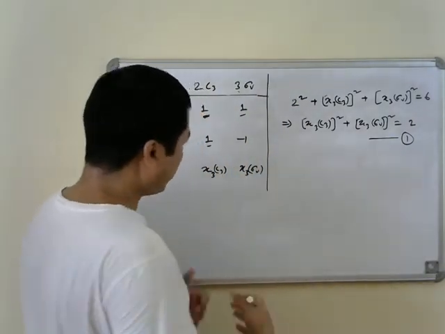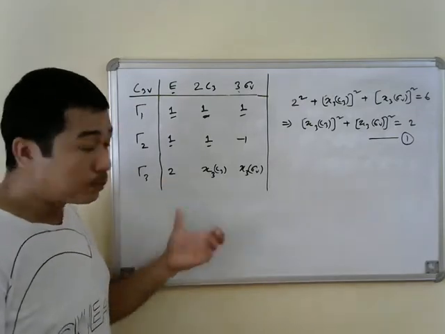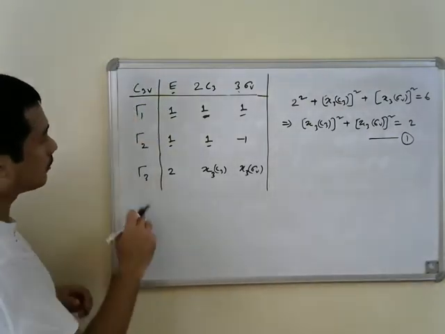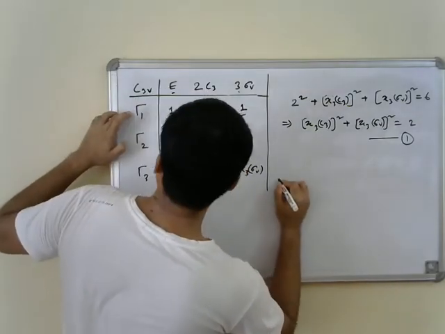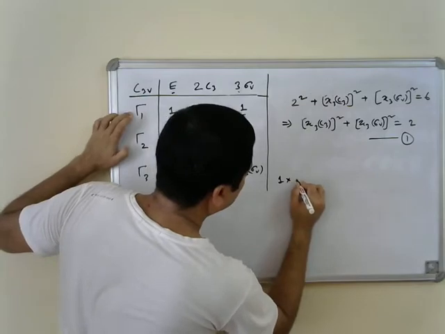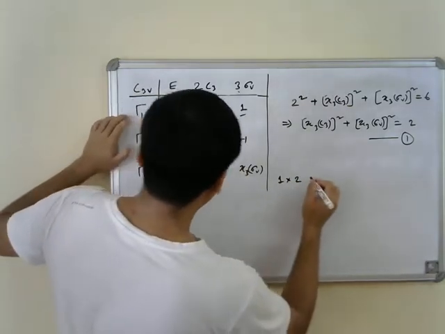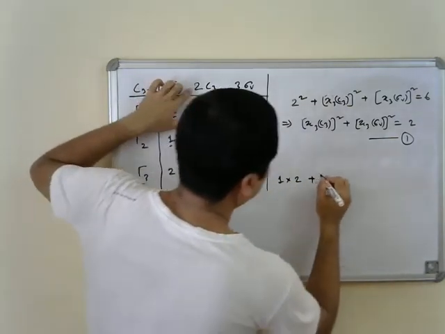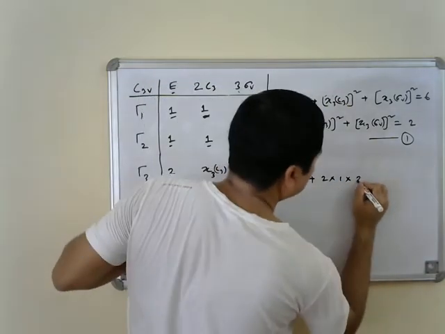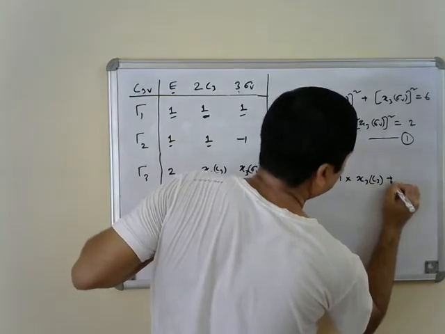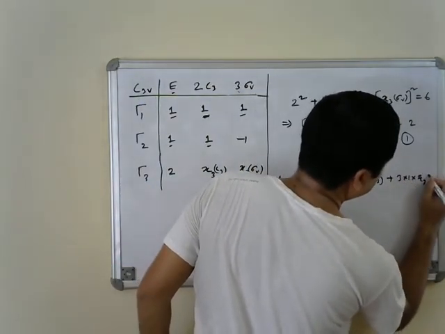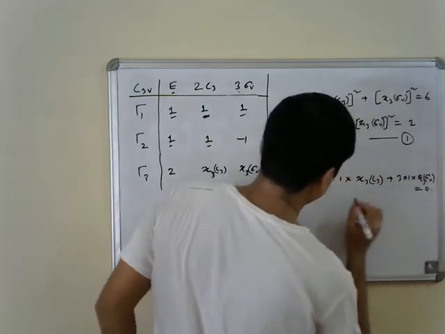And now we will use the orthogonality theorem and write two more expressions. If we use the orthogonality rule for gamma 1 and gamma 3, we can write that this is going to be equal to 1 into 2 plus 2 into 1 into chi3 c3 plus 3 into 1 into chi3 sigma v is equal to 0.